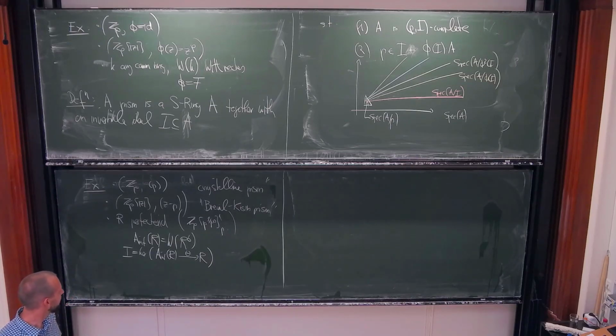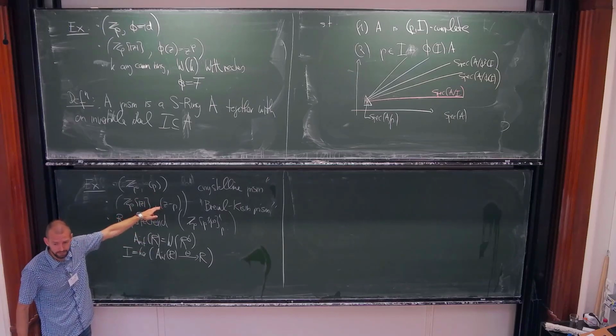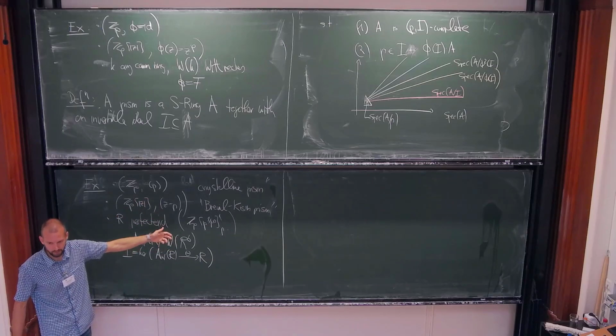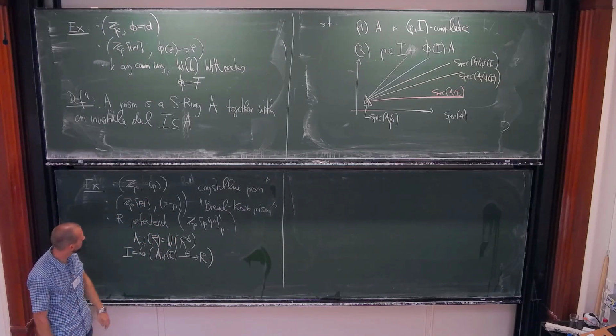Yes, there are examples, but in practice, most of the examples will be of the case where the ideal is generated by a non-zero divisor. But somehow, for the theory, it's important to allow general ideals. And the first example is a special case, right? The first example is a special case.